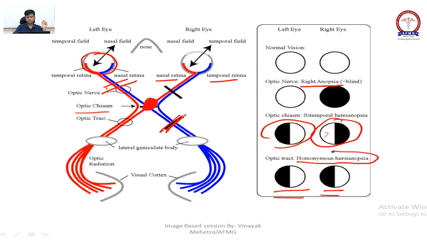This is called homonymous hemianopia. Homo means same side, this side, not this one. There are many, I am just giving you basics, because you will understand when you draw the optic tract as a whole and try to solve it, so it will be easy for you. Try to write it down.